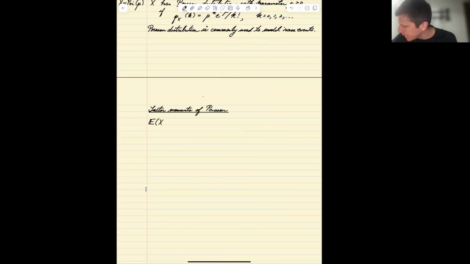Well, suppose x is Poisson with parameter mu, then the factorial moment, expectation of x falling factorial k, is the sum over all possible values of x, of n fall k, mu to the n, e to the minus mu over n factorial.